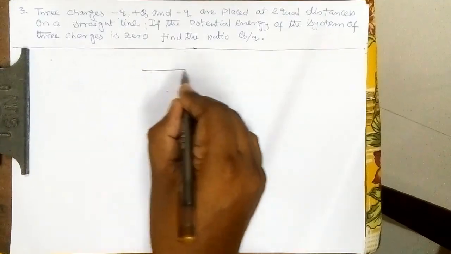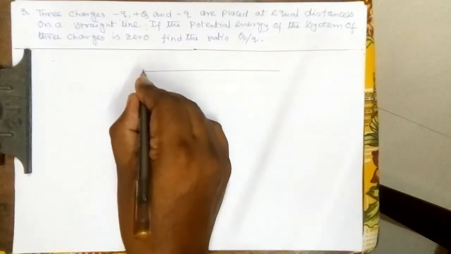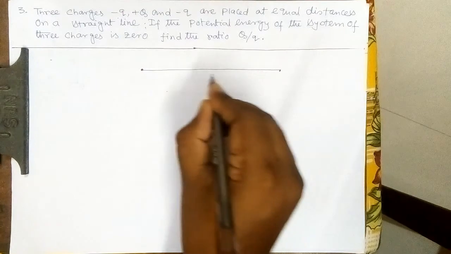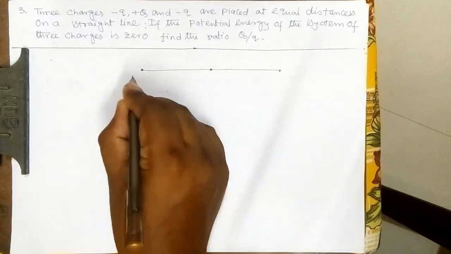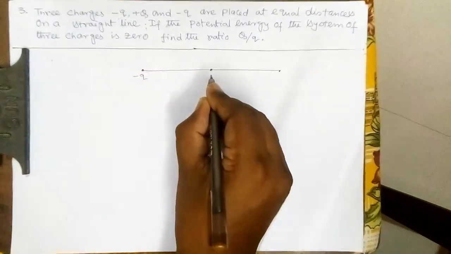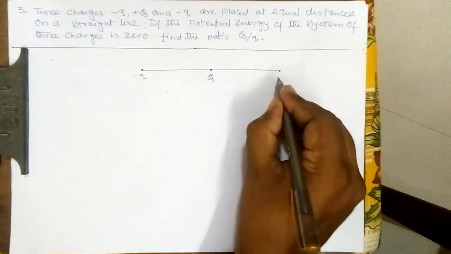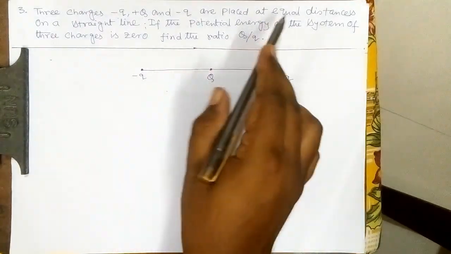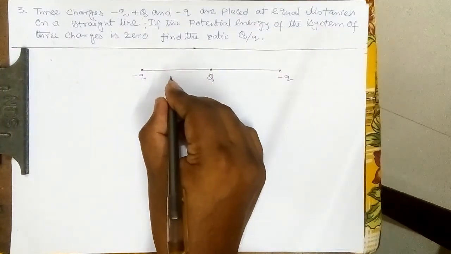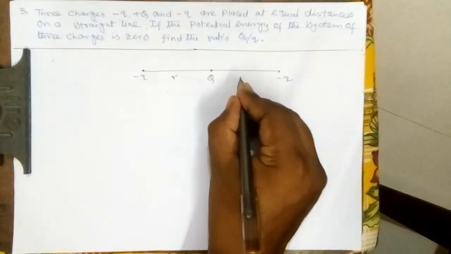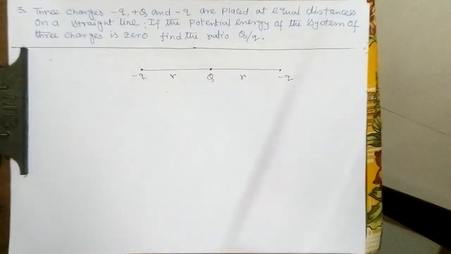Means if I take a straight line here, at the middle here it is capital Q, and on the sides it is minus q, kept at equal distances. The total distance we can take is r. So this distance is r, this distance is also r.